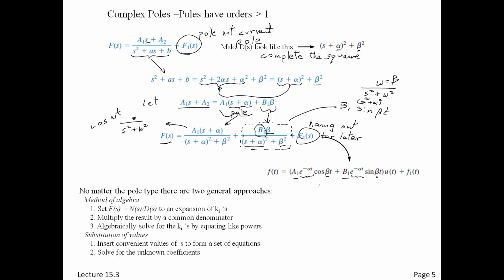The one that we really spent all our time on was this one, the method of algebra, where we set this equal to a partial fraction expansion, N(s) over D(s), did an expansion and separated out the k's, multiplied the result by the common denominator to isolate the k's, and then solve for the k's by equating like powers. Remember? And we could leave that part that doesn't fit, the F1(s), like we did in complex and in repeated poles.